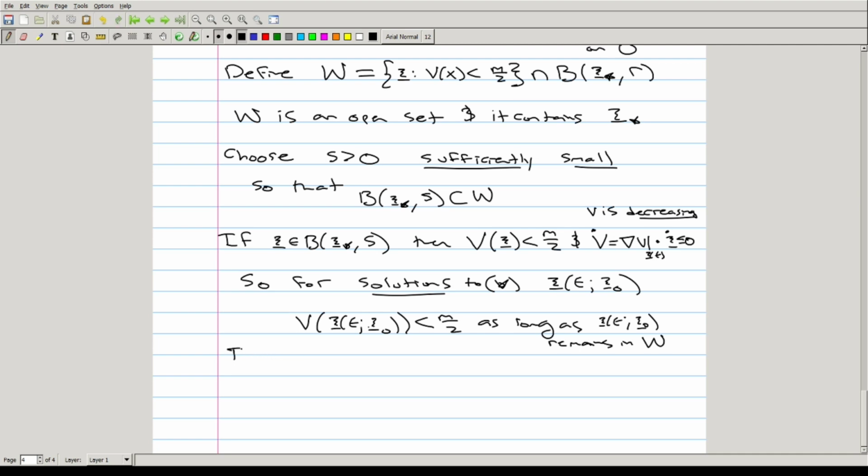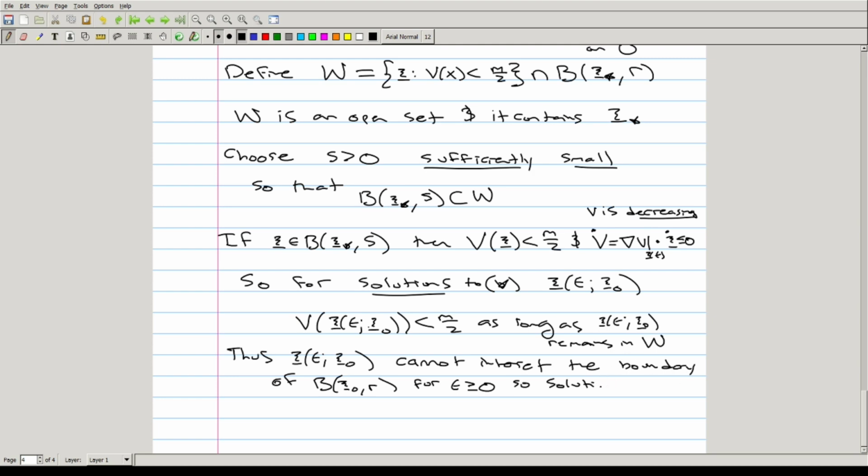And what this means is that xi of t, xi naught cannot intersect the boundary of the original R ball for t positive, which means the solution must remain inside this R ball for t greater than or equal to 0.